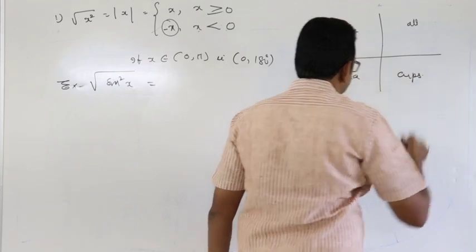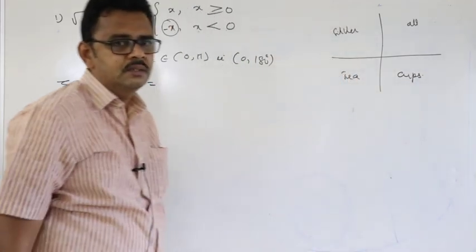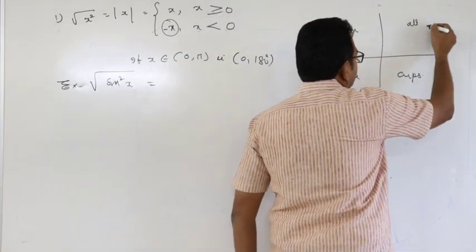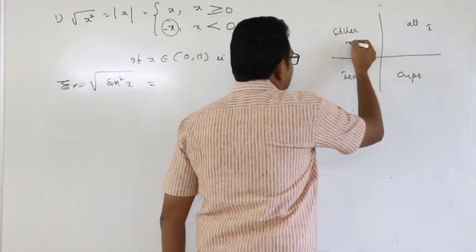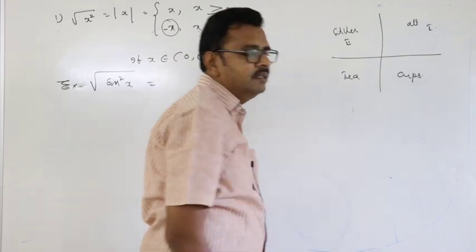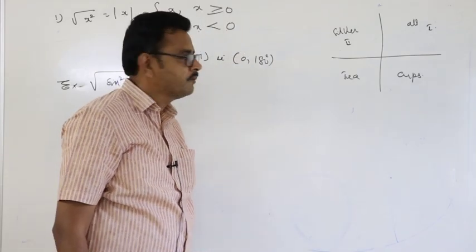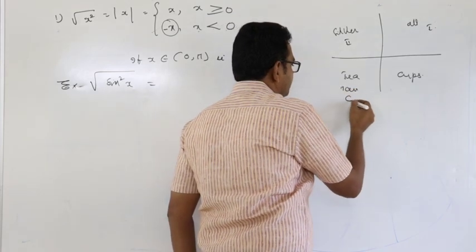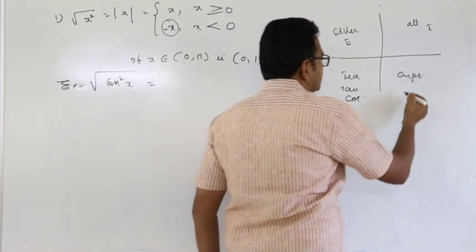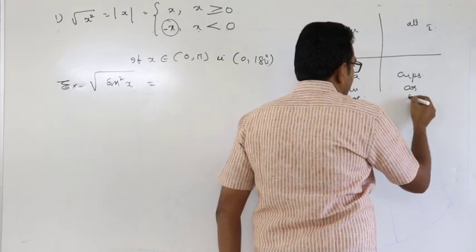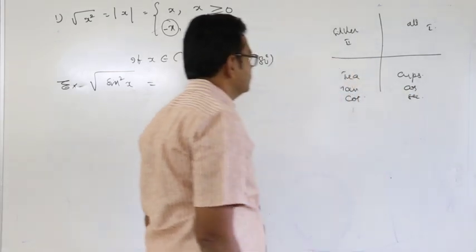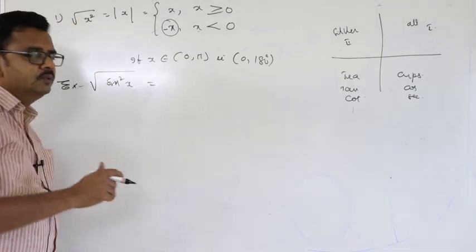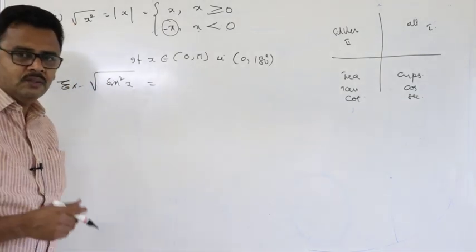In 10th class, you know that in the first quadrant, all trigonometric ratios are positive. In the second quadrant, only sine and cosecant are positive. In the third quadrant, only tan and cot are positive. In the fourth quadrant, cos and secant are positive.